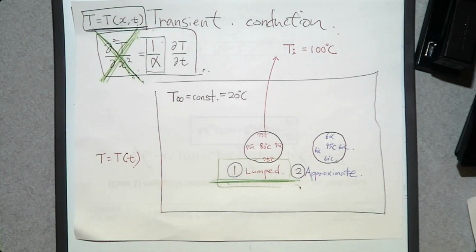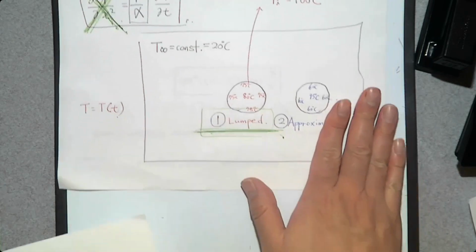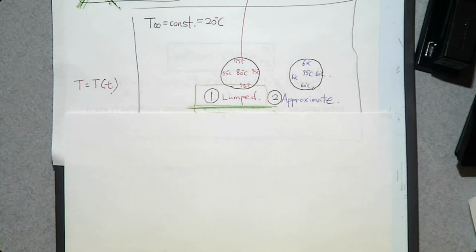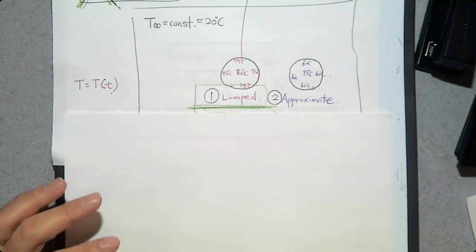Then if temperature is only a function of time, can we make a governing equation? Yes, we can. So we are going to see how we can come up with the governing equation for this lumped system analysis. So that's what we are going to do.